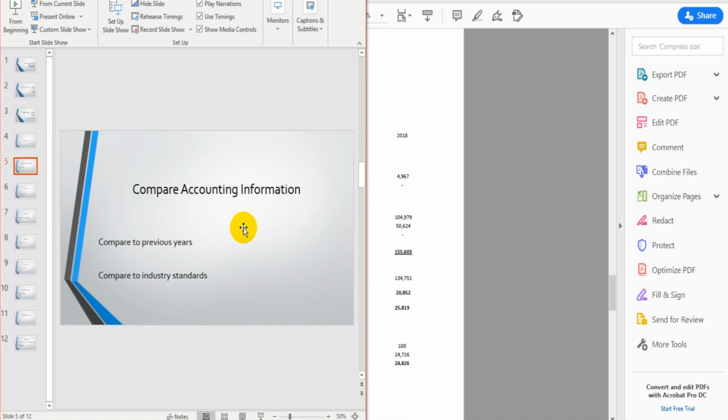Now, if you're not looking at annual accounts, let's say you're looking at the previous quarter. If someone has compiled management accounts for the previous quarter, then you can compare that quarter to the quarter previous. Or if the company's been trading for at least a year, you can compare the previous quarter to the same quarter from the previous year and the previous year before that.